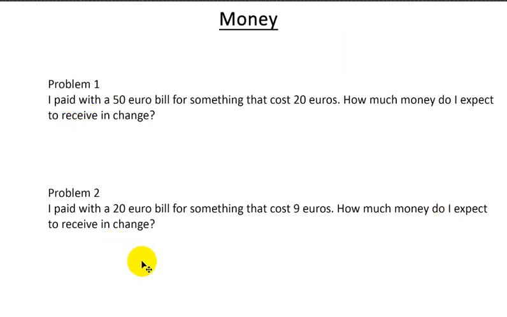Now let's talk about change for a minute. Let's say you want to buy a pencil, and this pencil costs 2 euros, but you only have a 5 euro bill on you. So you give the cashier a 5. The cashier needs to keep the 2 out of the 5 and give you back the difference, which is how much more did you pay than what the pencil cost.